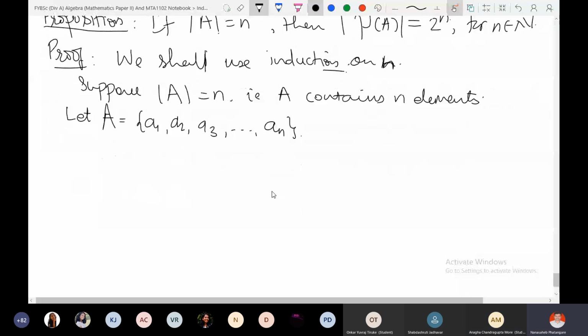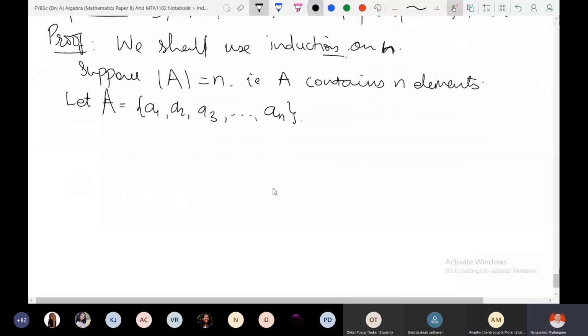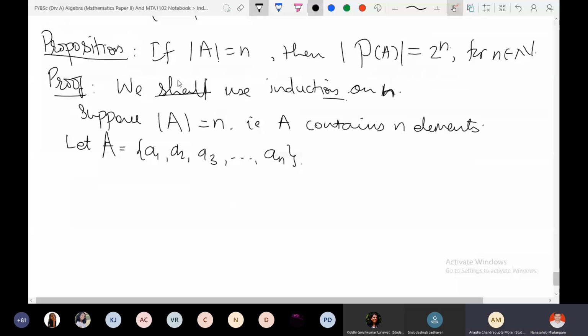Actually here we can avoid induction also. Directly we can prove it. We can use induction also, but without induction also we can directly prove it for n elements. Induction is another way, which you can think about later on. Without induction, suppose I take an n element set, then what happens immediately?